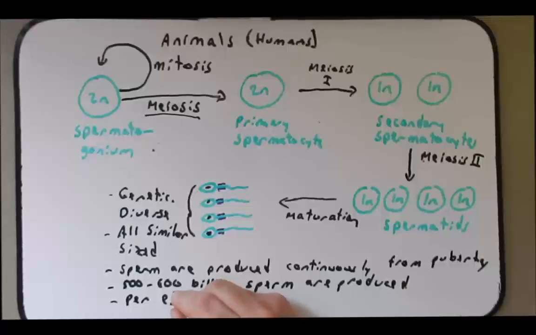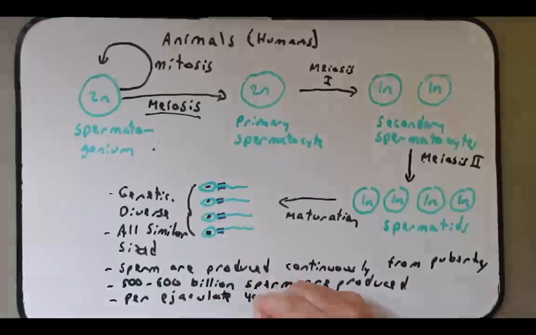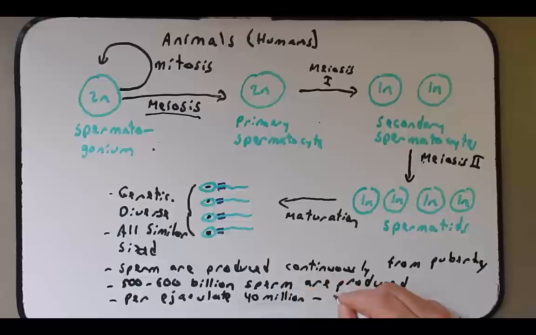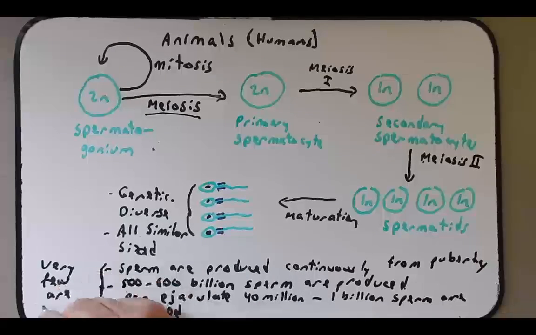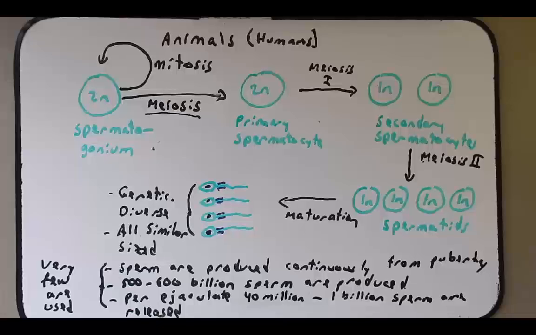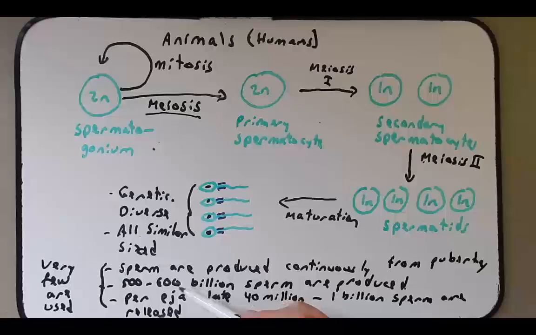Per ejaculate, 40 million to 1 billion sperm are released. I point that out because out of all these sperm that are produced, very few are used. At least very few are used during fertilization. Why is it necessary to make so many sperm when you only use few of them during fertilization? And in class, we may have time to talk about that.